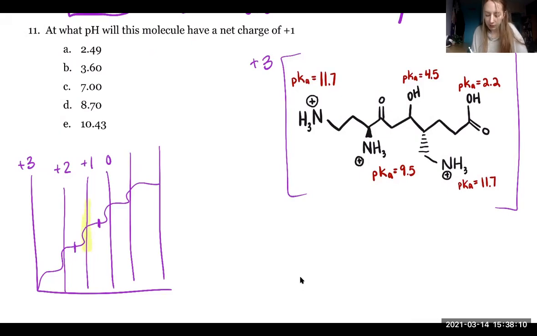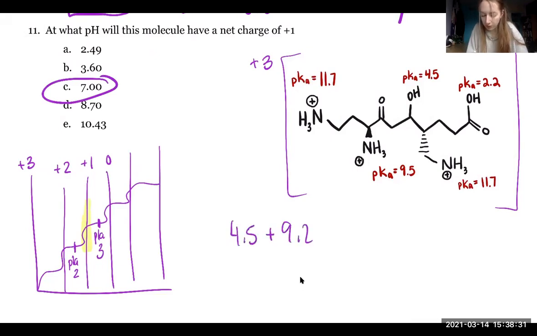This will be pKa 2, this will be pKa 3. I'm going to take those, find the average, and then that'll be the answer. You should get 7 when you do that. So you'll do 4.5 plus 9.5 divided by 2.